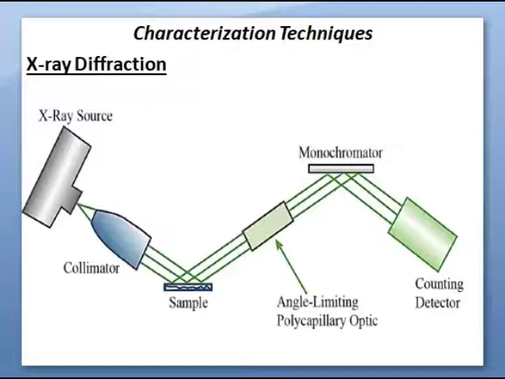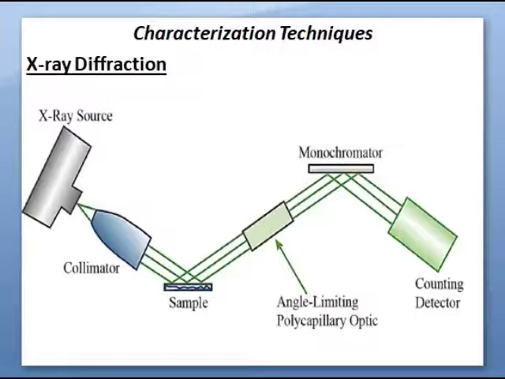The process works by the X-ray hitting a particular electron of a particular atom, where a new X-ray is generated with the same intensity as the previous X-ray which is hitting the atom. That X-ray generated will again move at a particular angle, and that is detected by a counting detector.